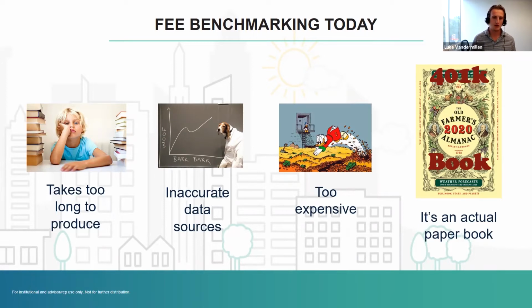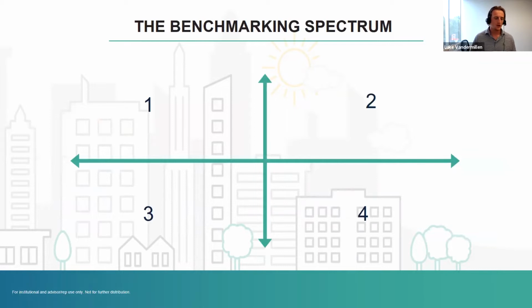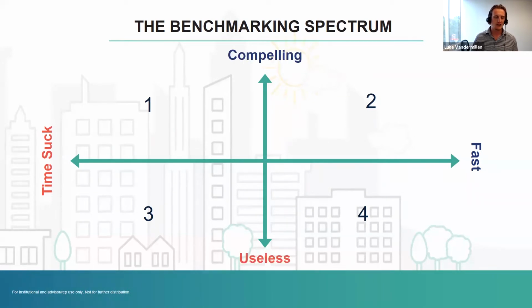plan sponsors to know. And so looking at the spectrum of benchmarking reports that we have out in the industry right now, you have your x-axis, which is how much time does the advisor need to take creating this report, and the y-axis, which is how compelling is it to the plan sponsor?